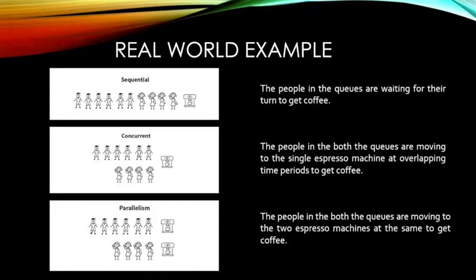Now we can say that the task is going to be speeded up and they are going to get their buses early, because the boys are getting their own coffee machine and the girls are also getting their own coffee machine. Now both processes are occurring simultaneously, so they are not waiting for their turns one by one. This is an example of parallelism.